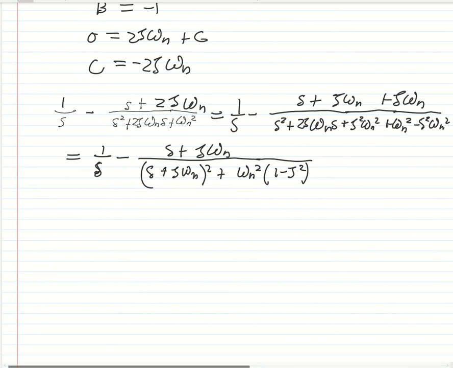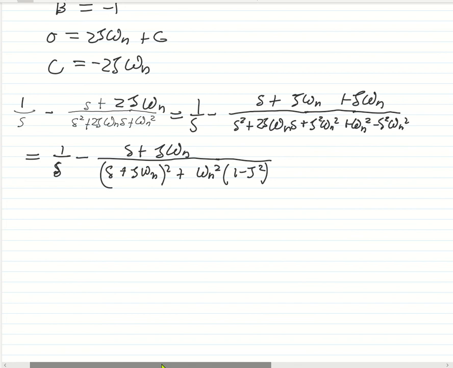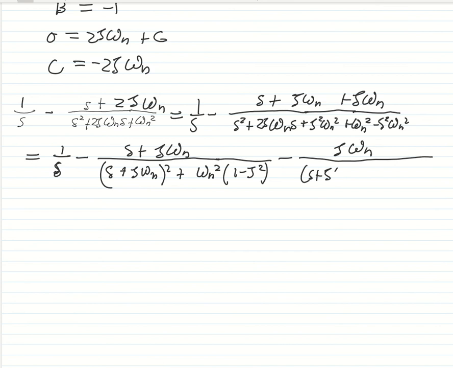And for the next one, we still need to subtract zeta omega n all over the same denominator here. We have s plus zeta omega n squared plus omega n squared times 1 minus zeta squared. But I need to put this omega n squared times 1 minus zeta squared at the numerator.